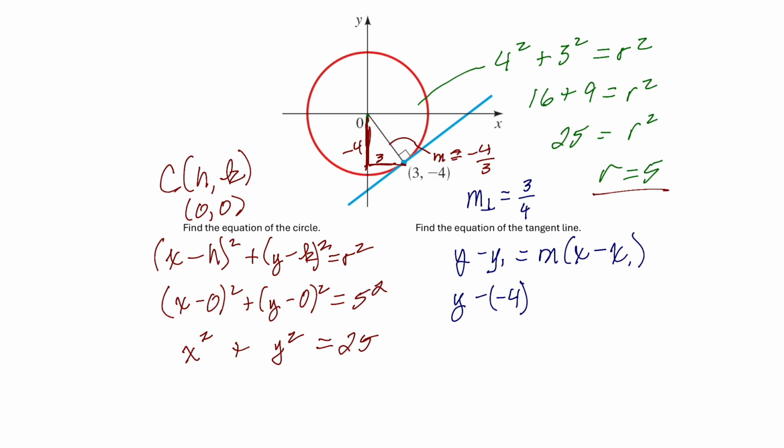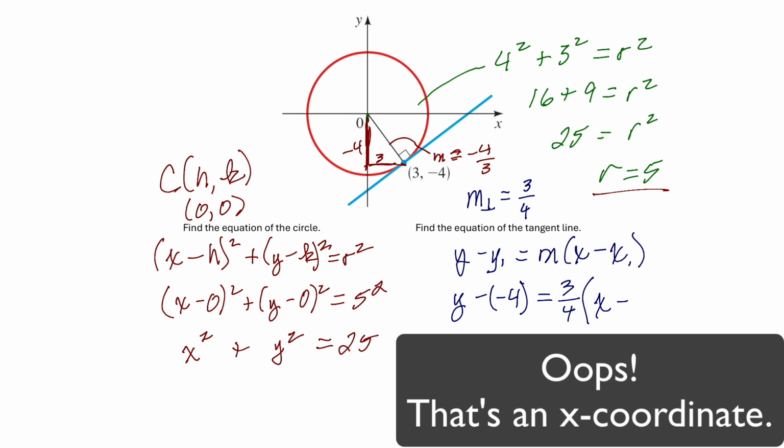And that's going to be equal to my slope, which I figured out had to be 3/4 because it's the opposite reciprocal of this piece right here. And that's times the quantity x minus, go back and get the x coordinate, 3. So that's right here.